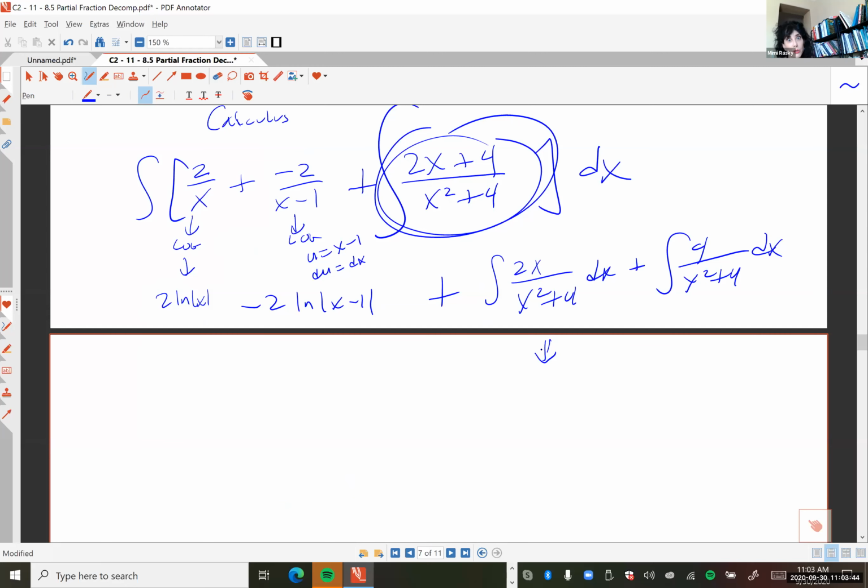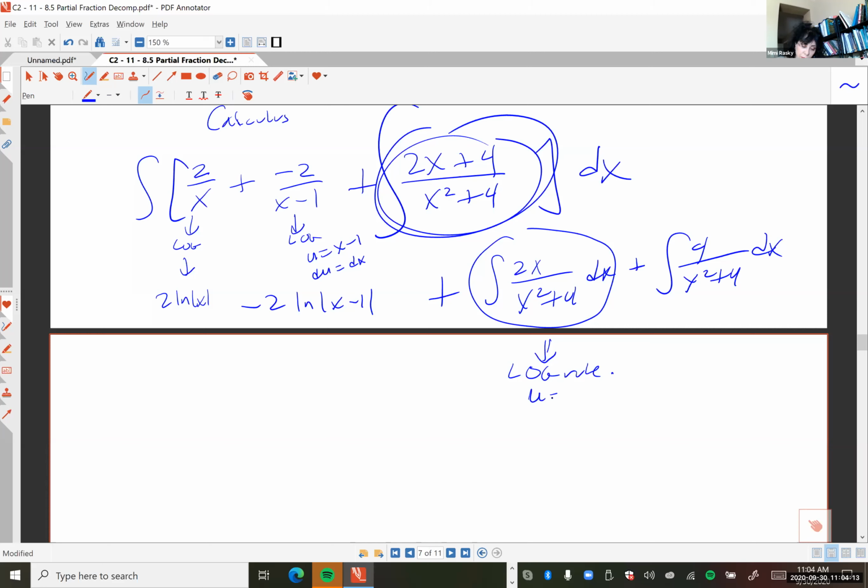Yes, I'm going to use u sub in about 2 seconds. But what's the rule that I need to integrate that term right there? I'll give you some choices. Power rule, log rule, arctan rule, exponential rule, sine rule, cosine rule, what? Arctan. Power. It's a log rule, right? That's the log rule right there, people.